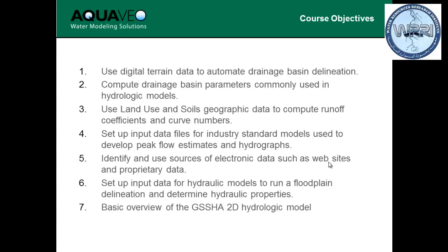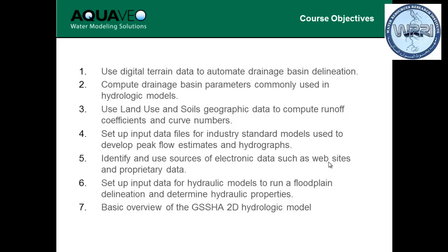And there are a lot of things that WMS does. It delineates drainage basins. You can use it to create hydrologic models. You can use land use and soil data to compute curve numbers, which are used in hydrologic models, and also runoff coefficients that are also used.